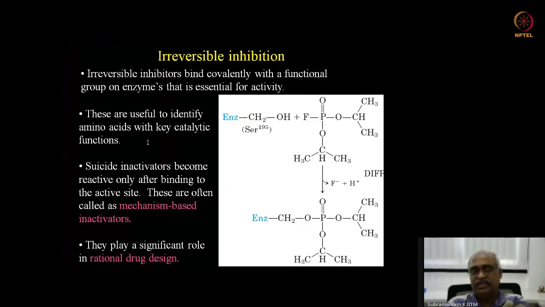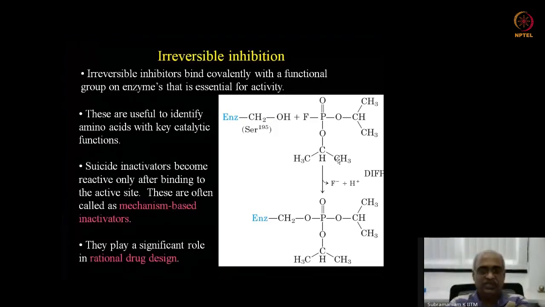N terminus means the end of the molecule where the amino acid's amino group is not in any peptide bond with another amino acid, while its carboxyl group is in peptide bond linkage with amino acids number 2, 3, 4 and so on. This is the 195th amino acid in chymotrypsin, and that is in the active site.